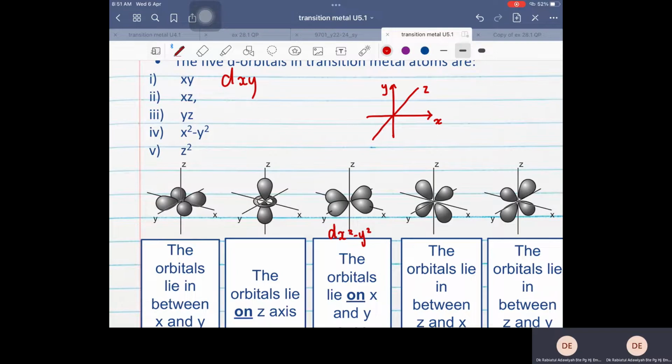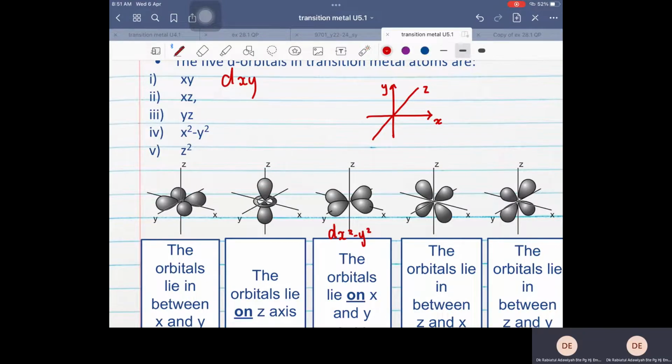Dz squared is the odd one out because it's the only one who has just a single H, and there's a ring in the center. Okay, so if you look at the 5 orbitals, z squared is the only odd one out.